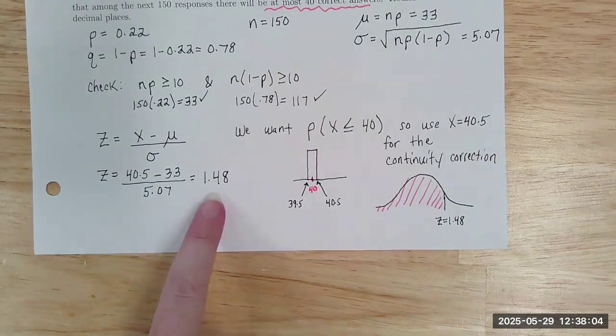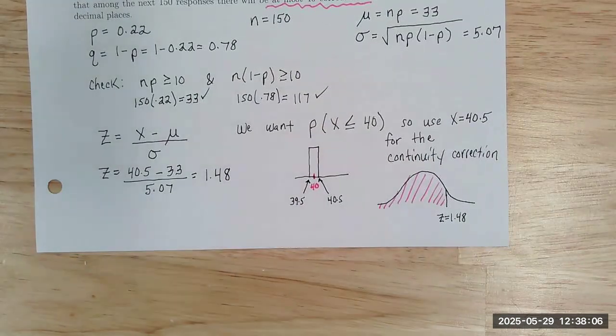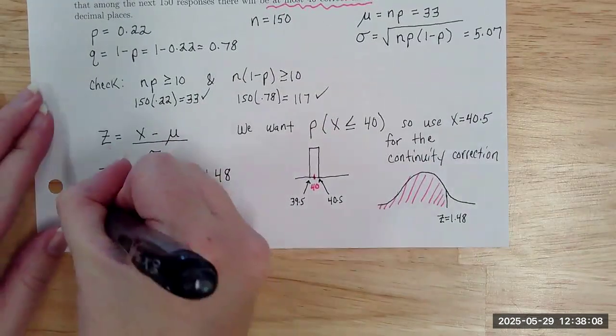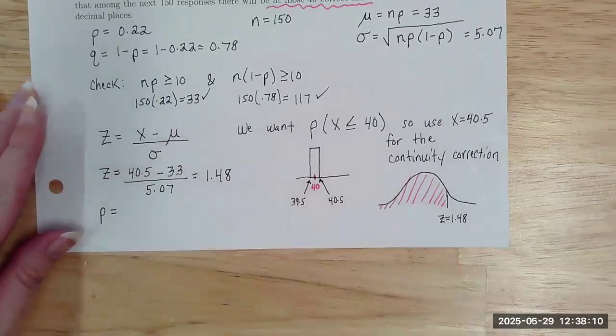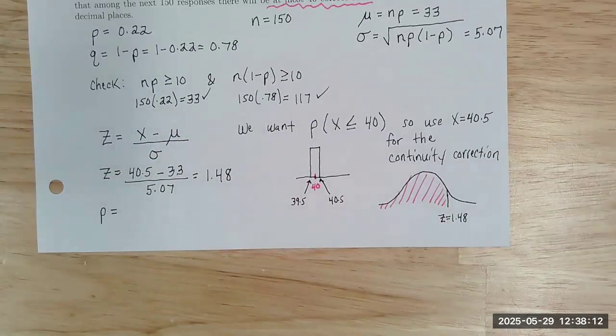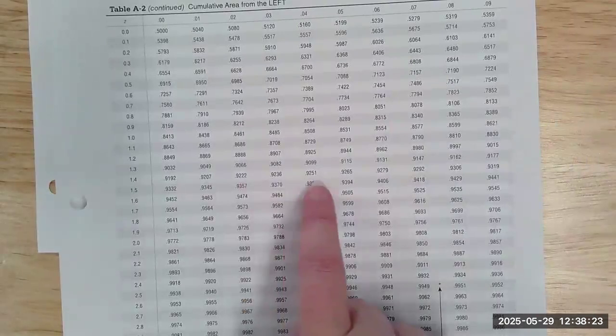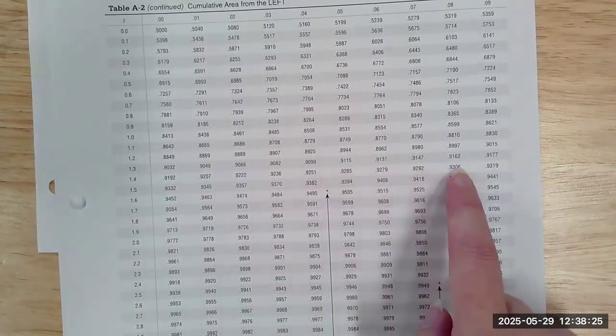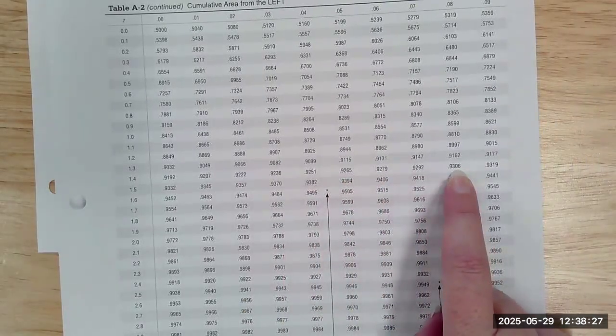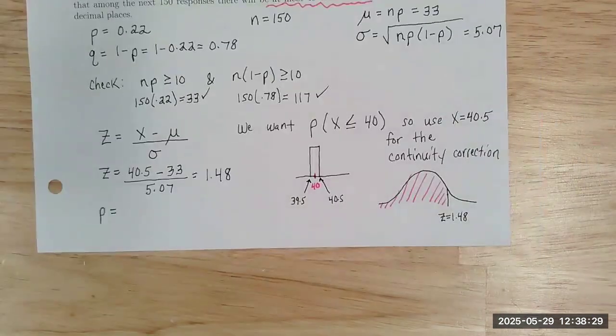The answer in the table for 1.48 is going to give us the p-value we want. So I'm going to write p equals, and then I'm going to go get my z table. My z table for positive 1.48 says 0.9306.